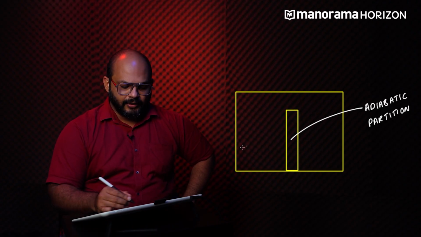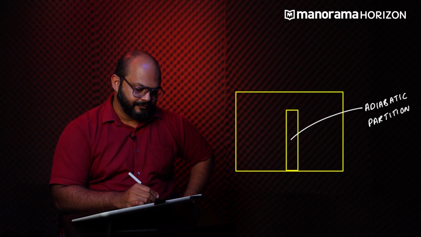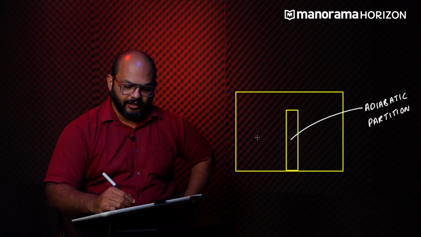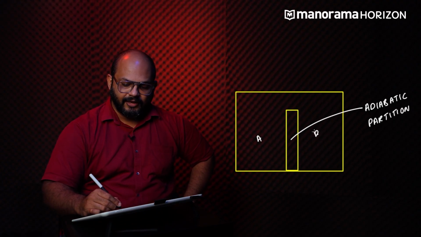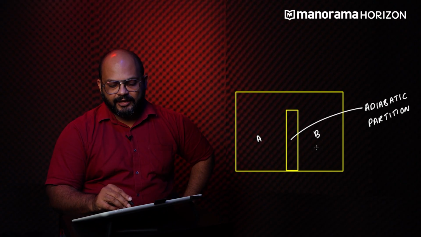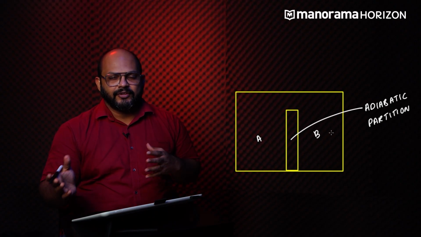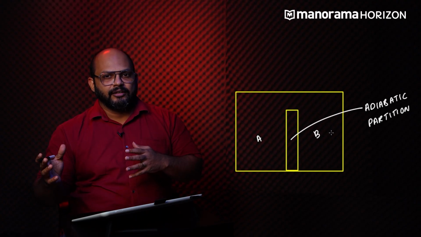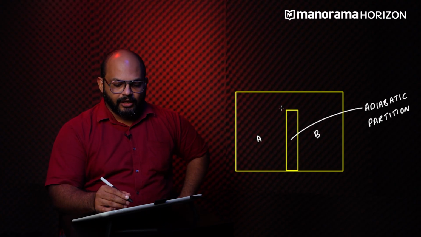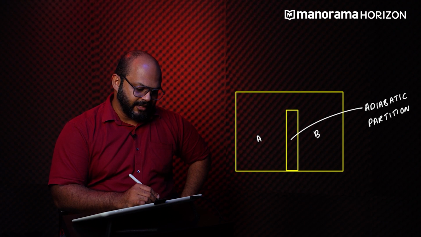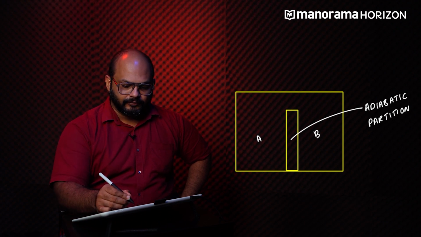Now, there are two gases on either side. So we have gas A and we have gas B. And they cannot directly communicate with each other, or in a different sense, they cannot really transfer any heat energy directly to each other.